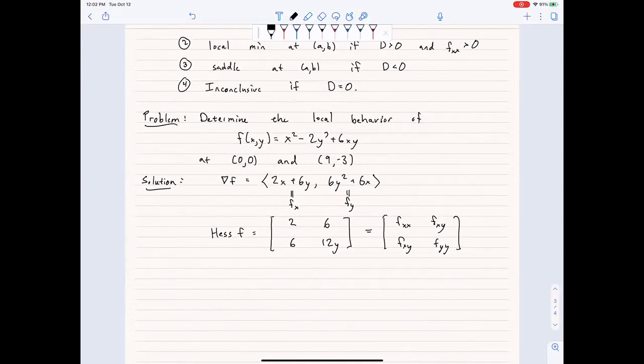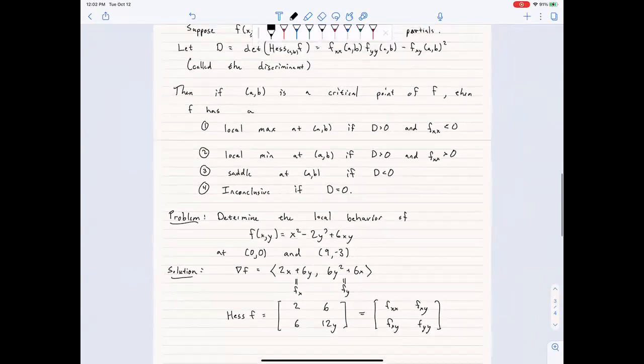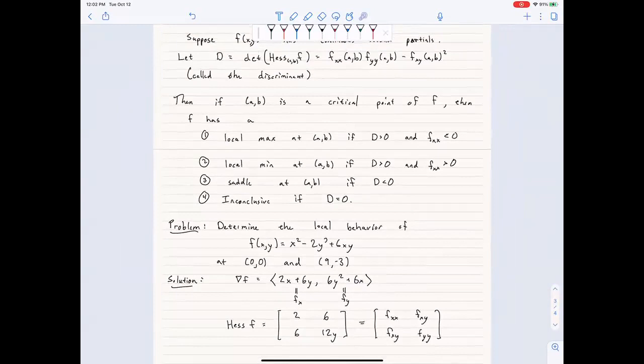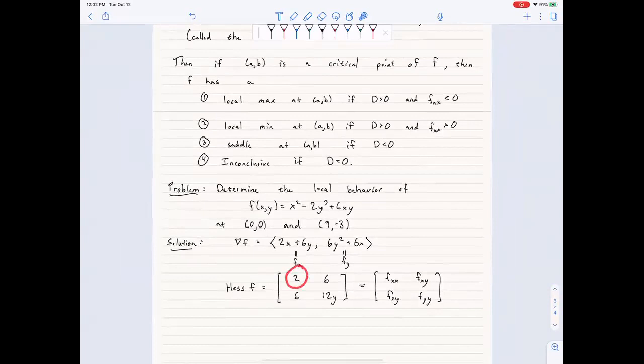Okay. Now I need to calculate my discriminant, because to really apply this test, the sign of the discriminant appears first. So it's best to figure that out. And when we calculated this Hessian, we've already calculated our second partial of x, so we don't have to redo that later.